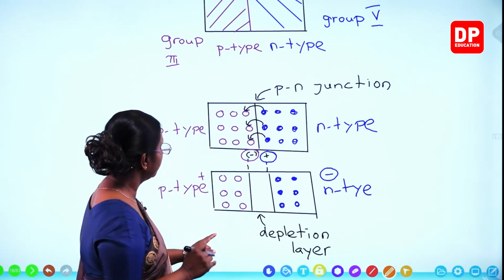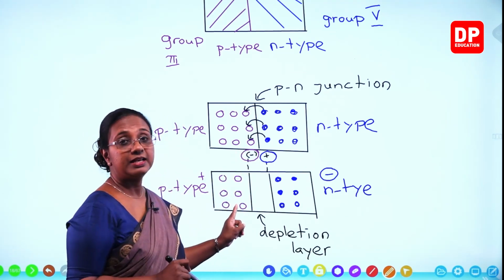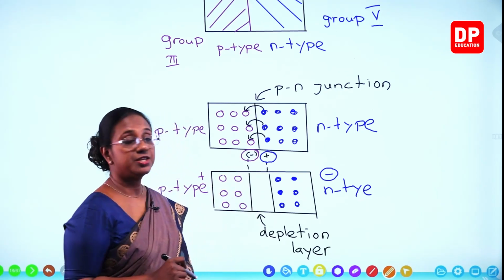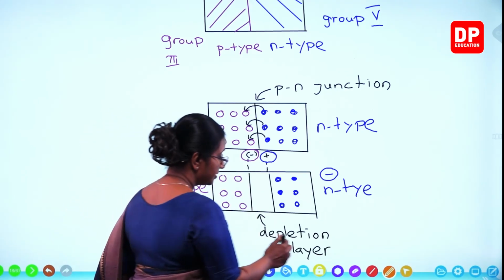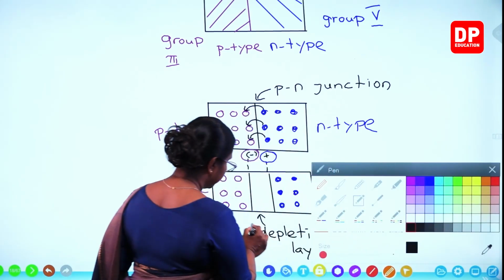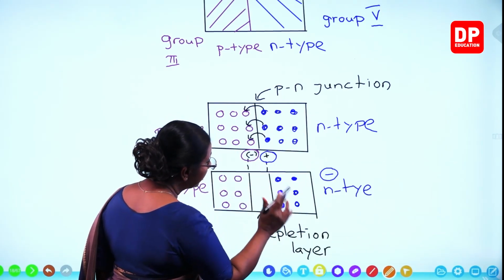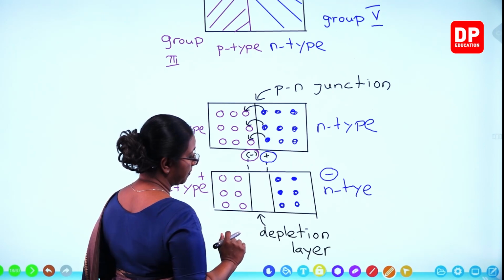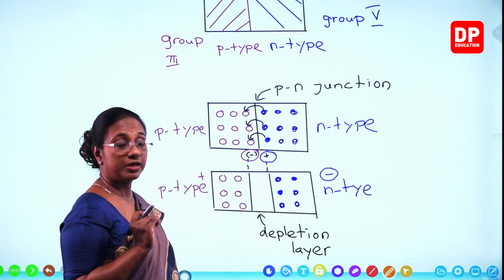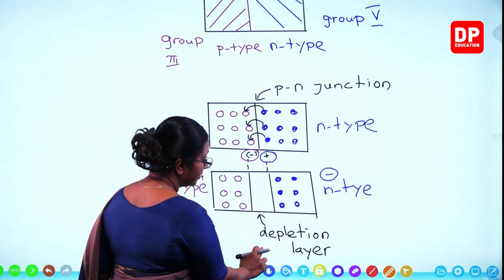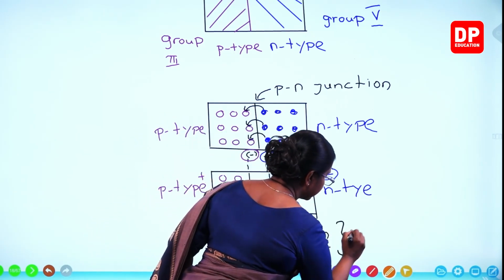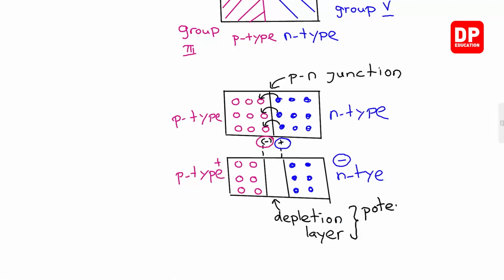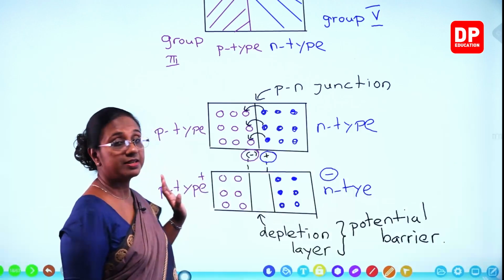So normally you all know when opposite charges are connected like that, this becomes a potential barrier. So this depletion layer prevents the flow of holes from here to here, electrons from here to there. So although we supply a potential difference, this region, the depletion region, acts as a potential barrier. Potential barrier.